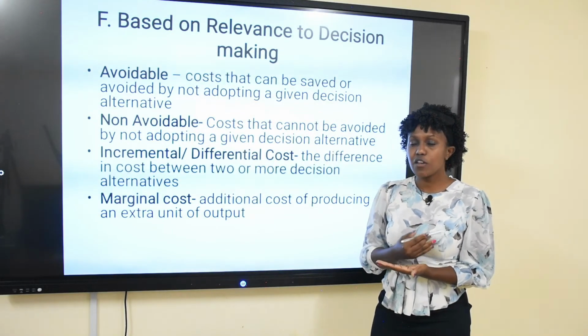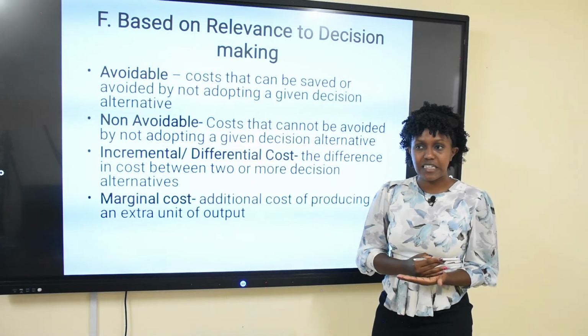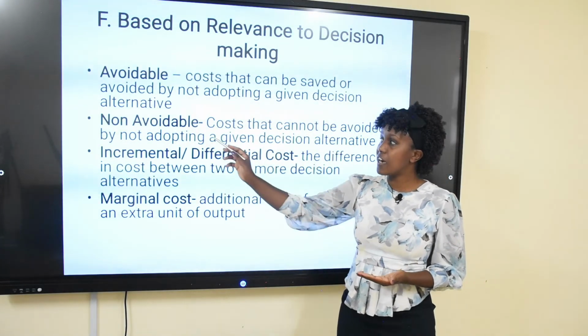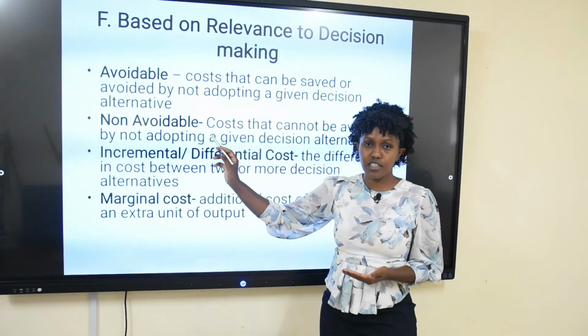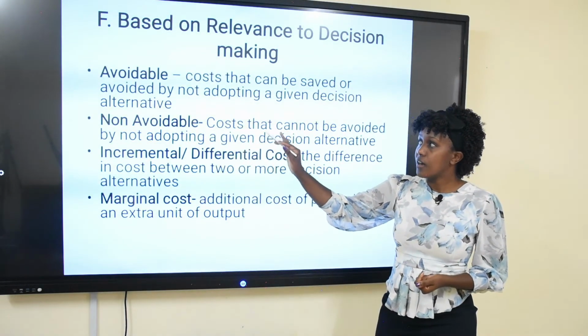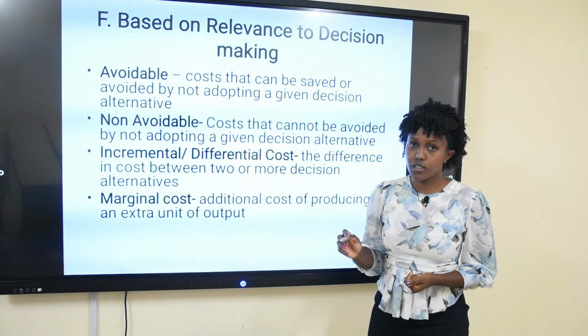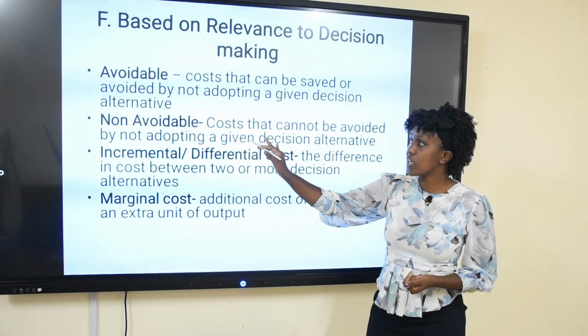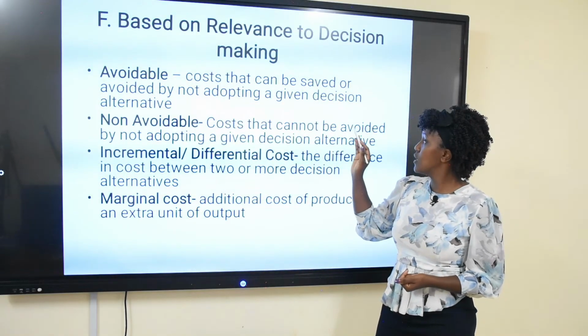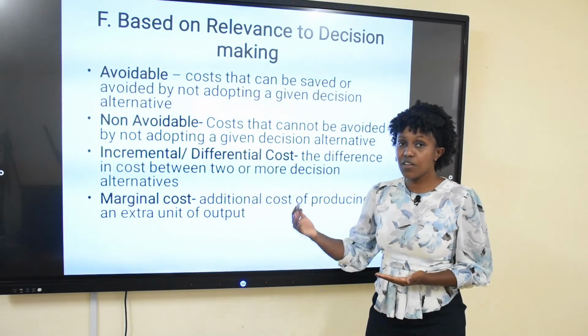So in that case, whether you decide to buy the product or to make the product internally, the rent is an unavoidable cost. It cannot be avoided. So that is what we mean here, between avoidable and non-avoidable costs. Non-avoidable costs, they cannot be avoided by not adopting a given decision or by adopting a given decision.